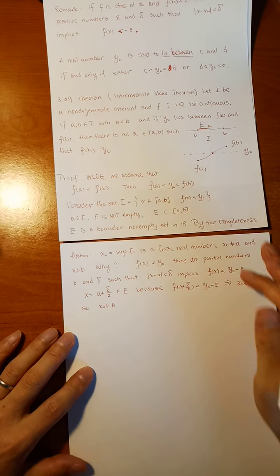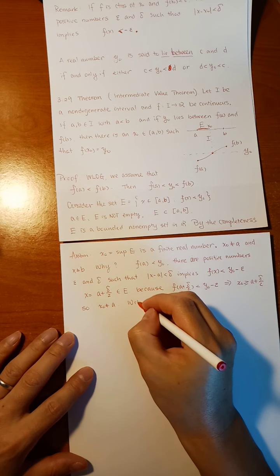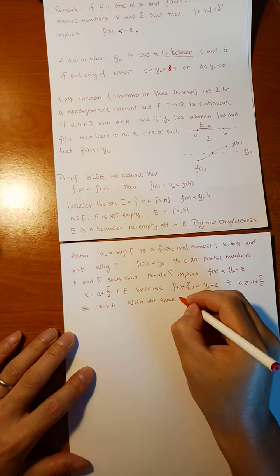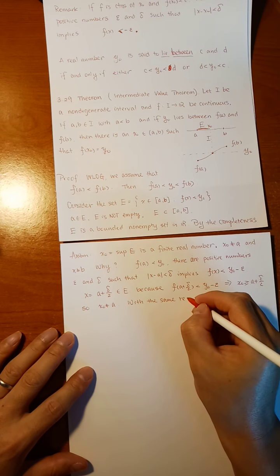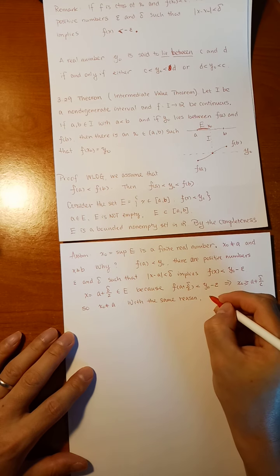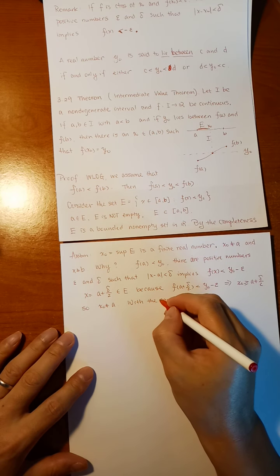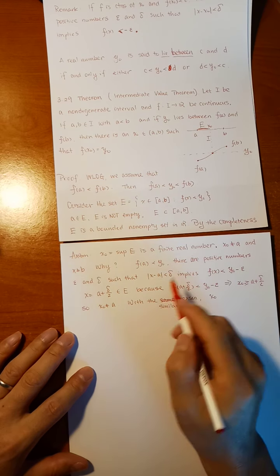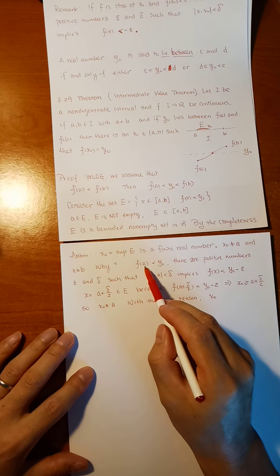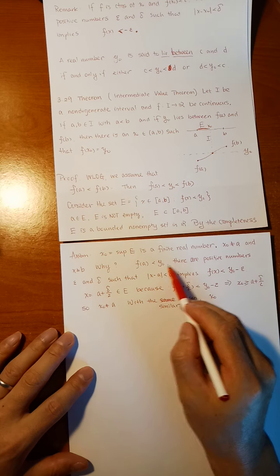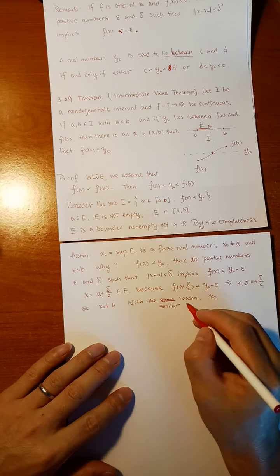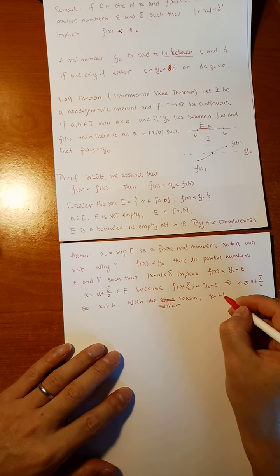And similarly, with a similar reason, because if we are talking about b, then f(b) is greater than y0, then it will be y0 plus epsilon. With a similar reason, x0 is not equal to b.